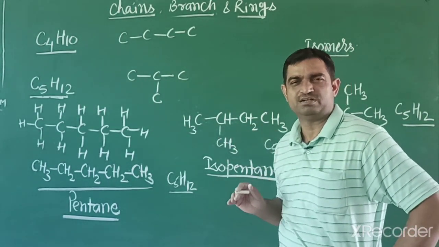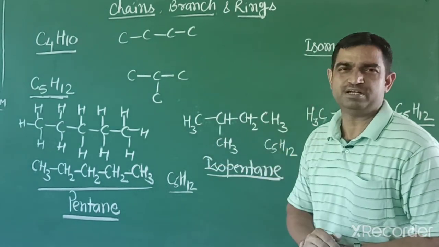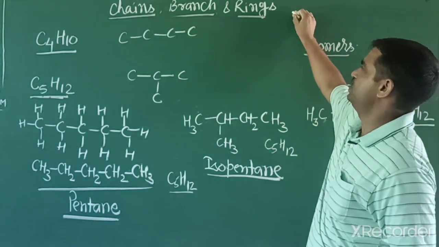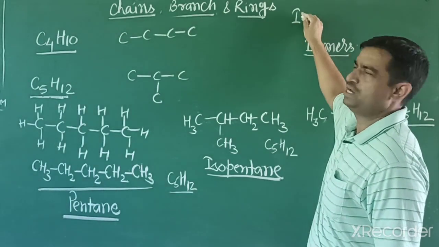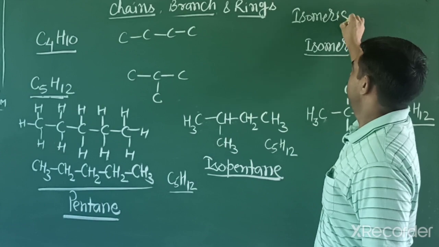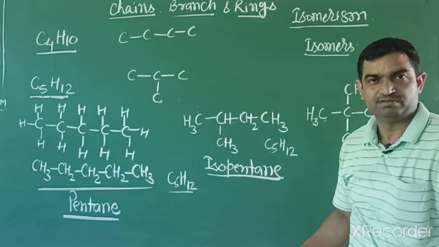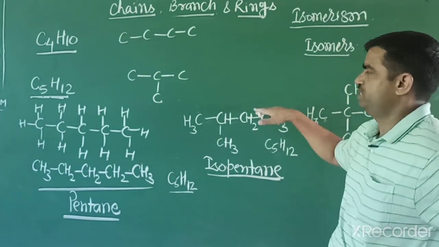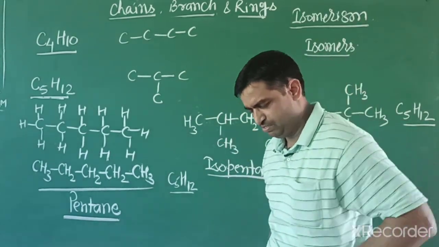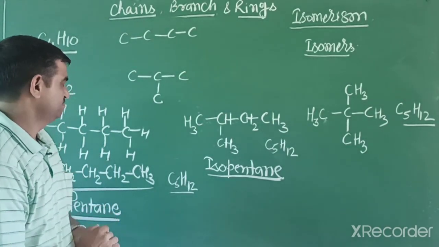Such type of compounds are isomers, and we will discuss in detail in this chapter different types of isomers, and such type of phenomenon is known as isomerism, structural isomerism. In detail we will discuss after.